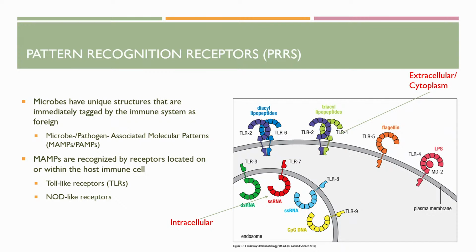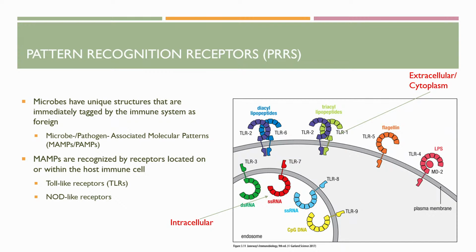Microbes or pathogens have microbe-associated molecular patterns or pathogen-associated molecular patterns. Usually I think of it as a tag on the microbe that can be recognized by the host immune cell. The host immune cell recognizes it through these pattern recognition receptors.